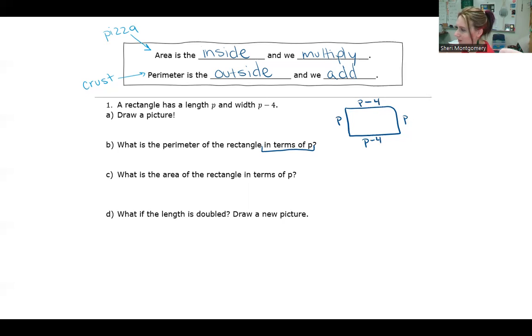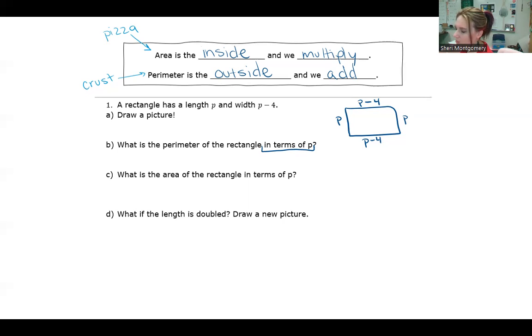In terms of pi, in terms of P, in terms of A and X, in terms of W, in terms of X and Y. Y'all know what that means? Okay, all that it means is using that variable. Well, what other variable are we going to use? P is the only one that's in the problem. So when you see that, don't let it confuse you.